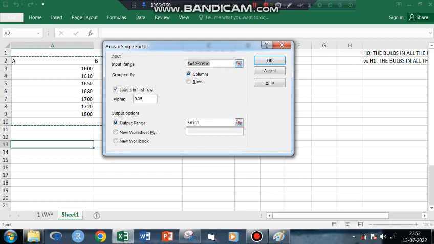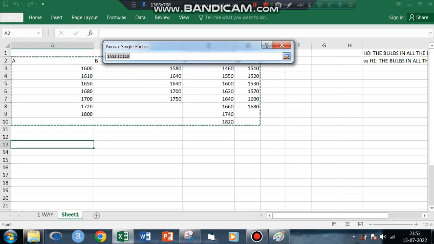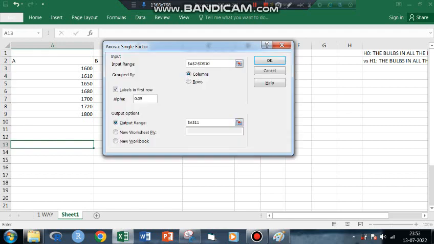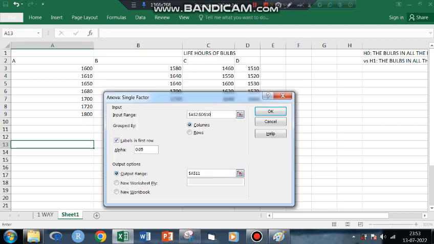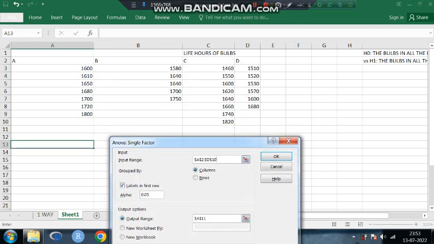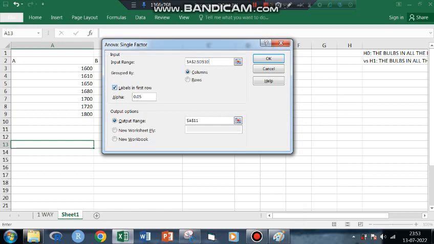So now our input range is this. Yes, the data is grouped by columns. You can see it's column-wise. Yes, there are labels in the first row.